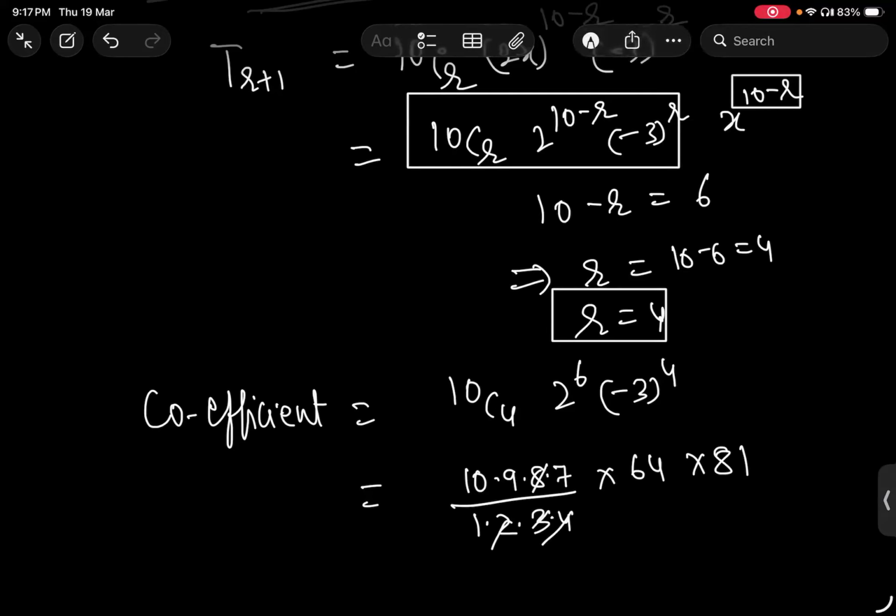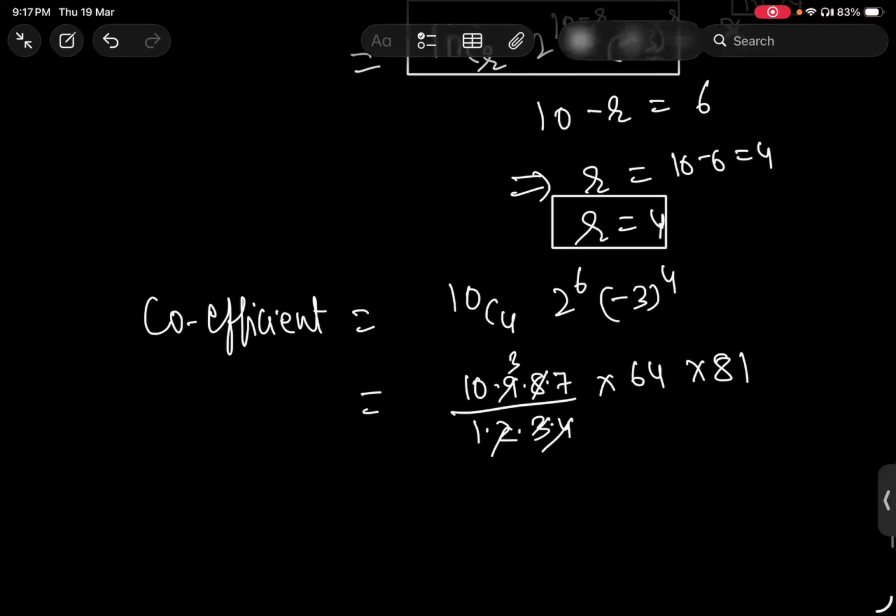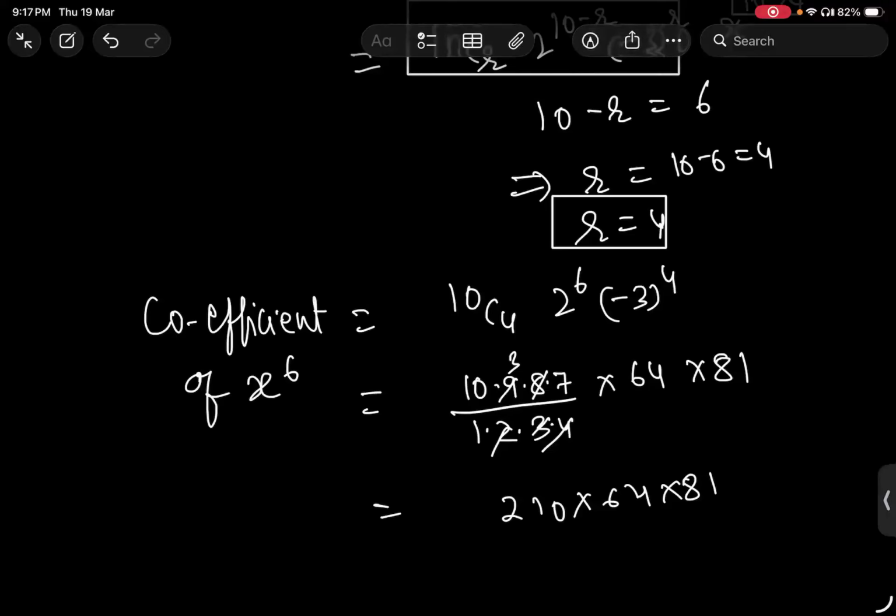4 twos are 8, 3 threes are 9. So we just need to multiply it. So 210 times 64 times 81. This will be the coefficient of x to the power 6.